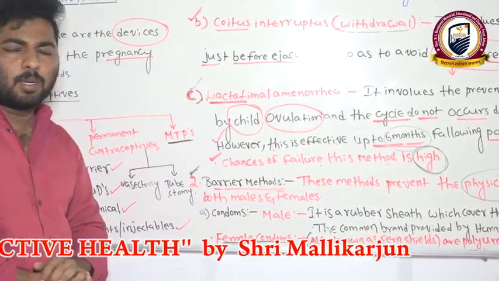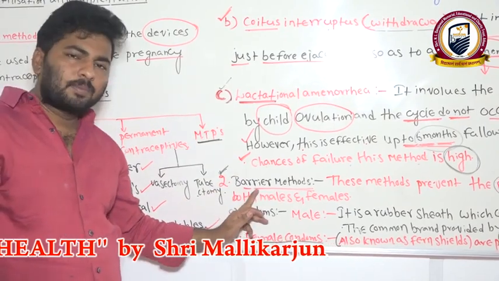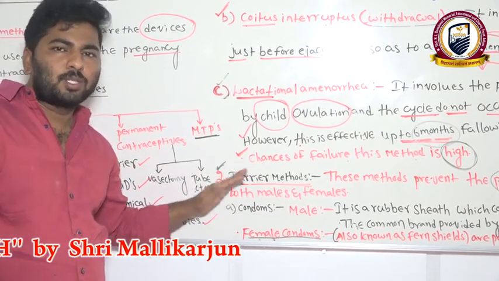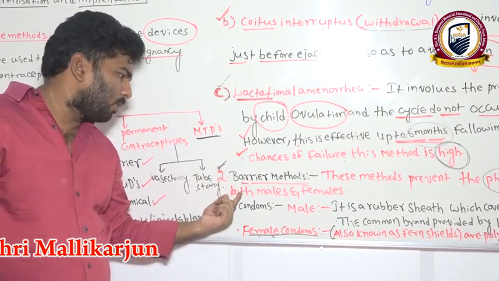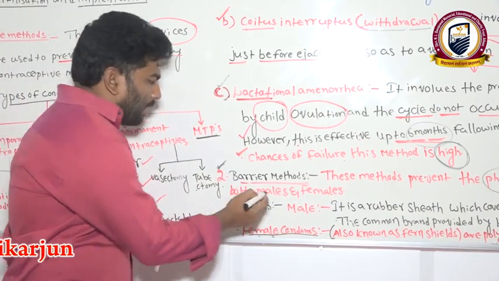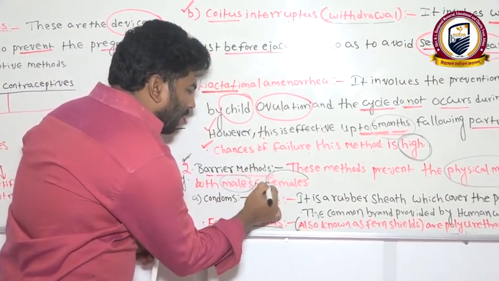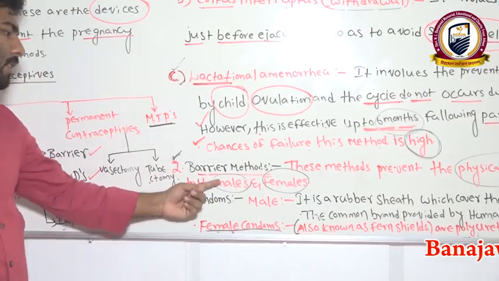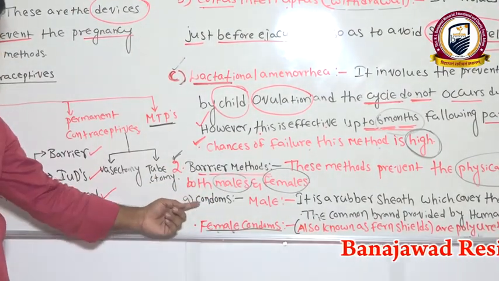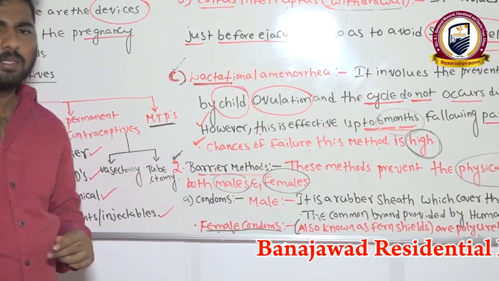It is available for both males and females. These barriers are available in the market for both males as well as females. Clear? Now, we'll discuss examples of male barriers and female barriers.